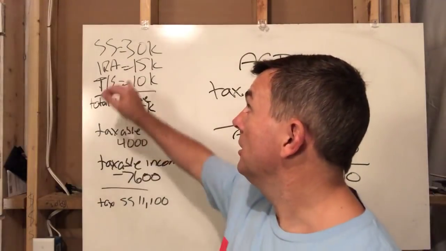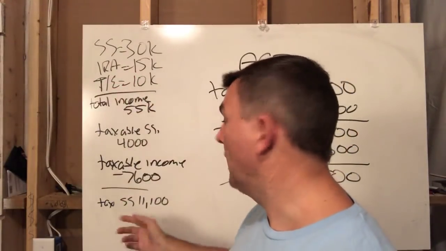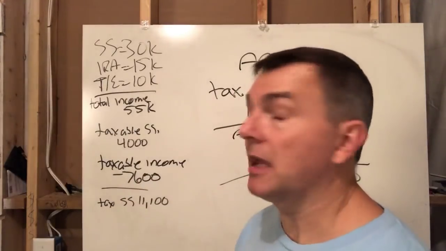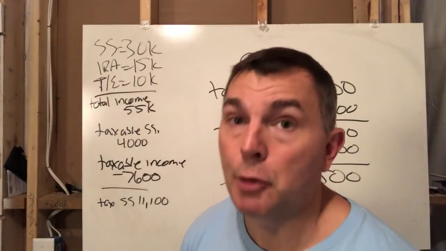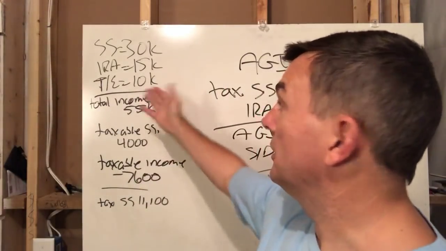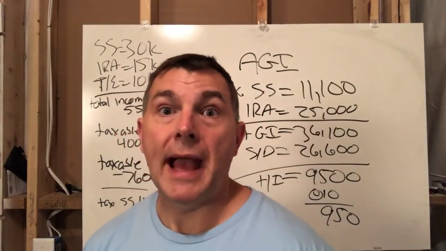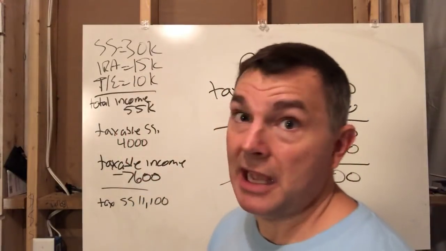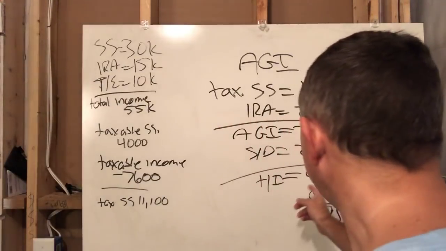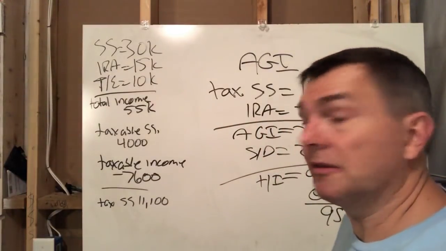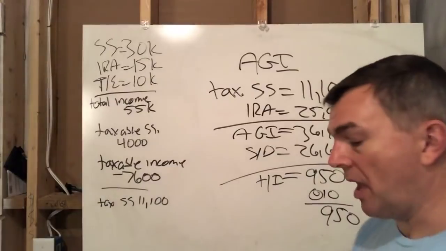Now, with that said, if we didn't do the Roth conversion, we had no taxes because we had negative taxable income. But because we did the Roth conversion, we have $10,000 more of taxable income. But it's actually not just $10,000 more. How much more? We had negative $7,600. Now we've got positive $9,500.